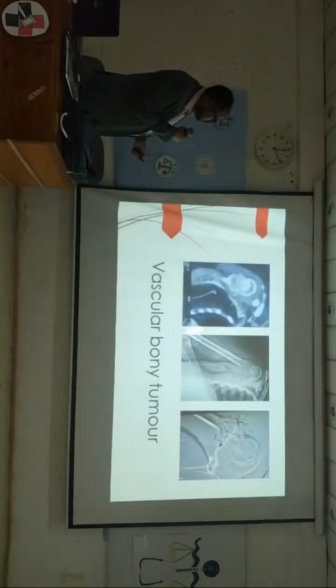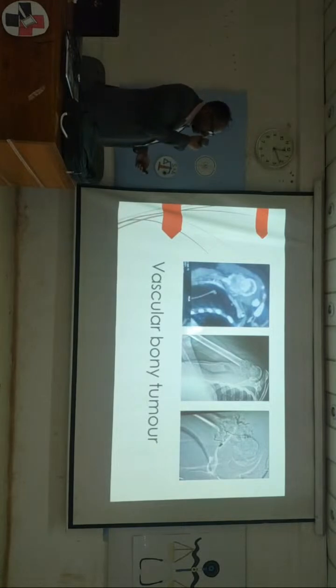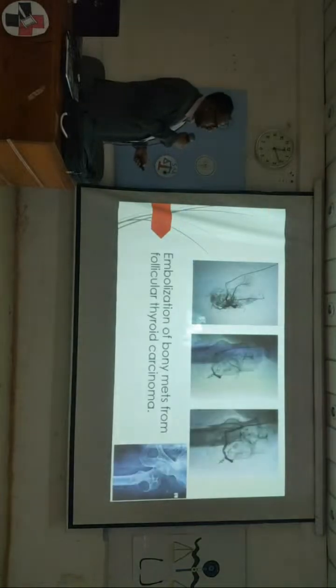Another patient, this is a patient with bony mets from renal cell carcinoma. You know, there is a pathological fracture, and this patient presented with severe pain due to increased vascularity in this area. So we embolize the vascular area here, and the pain subsided, and also the surgeon can treat this after we embolize the lesions.